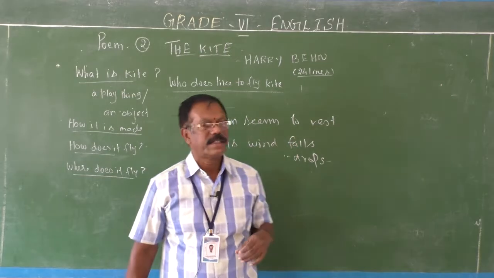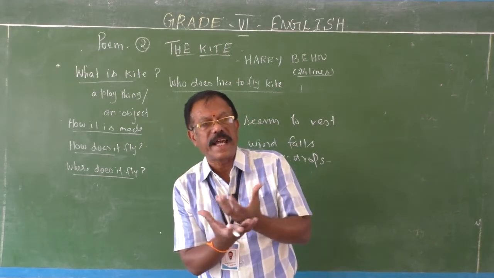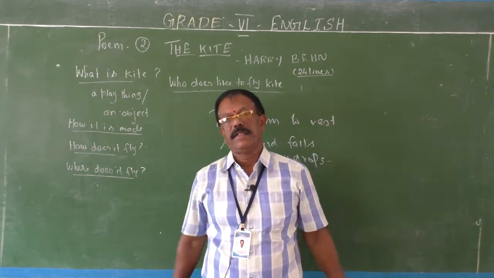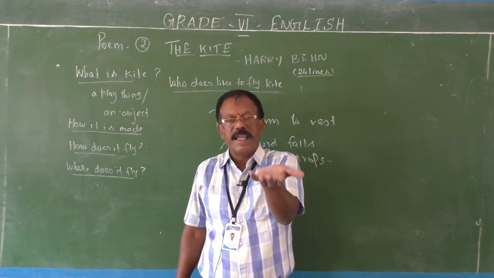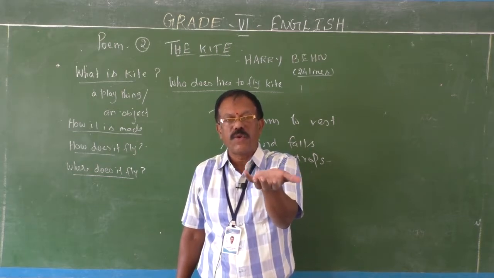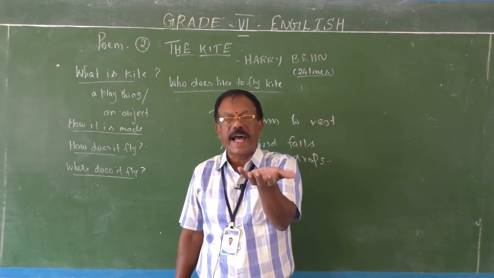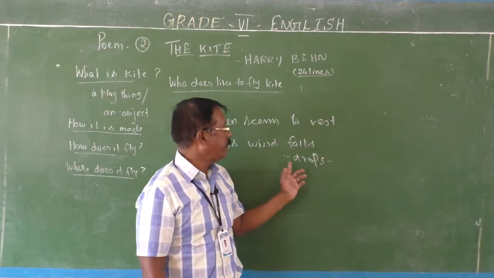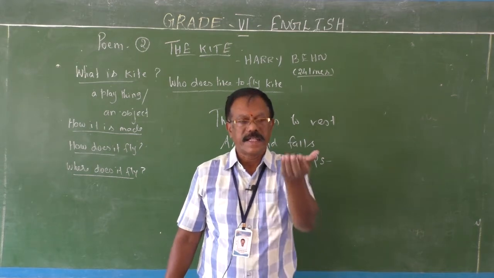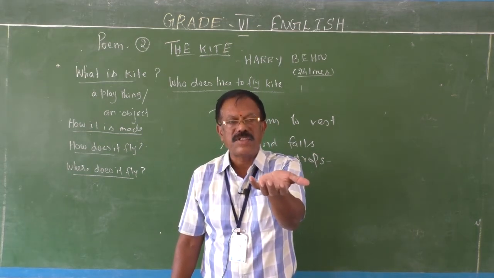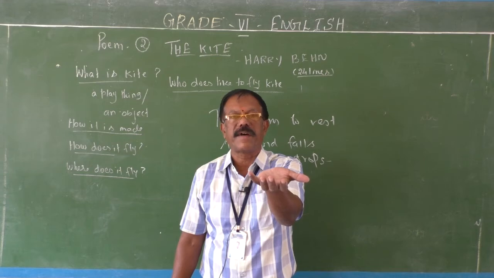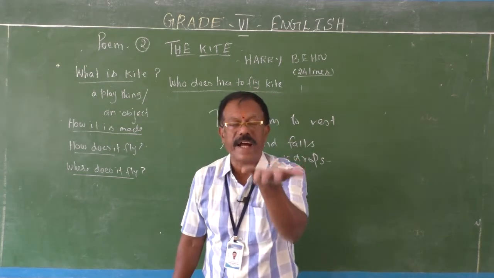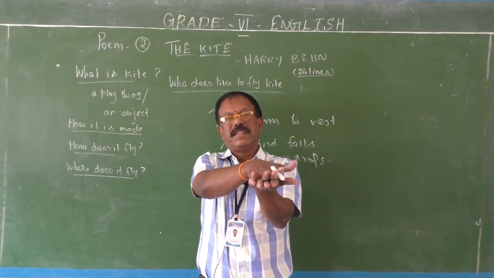See how nicely he describes every movement of the kite. Because the wind becomes weak, it comes down, reaches some height, and rests at the same height.